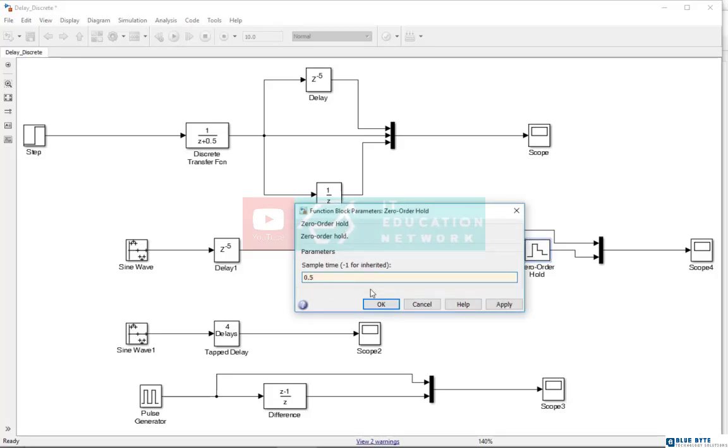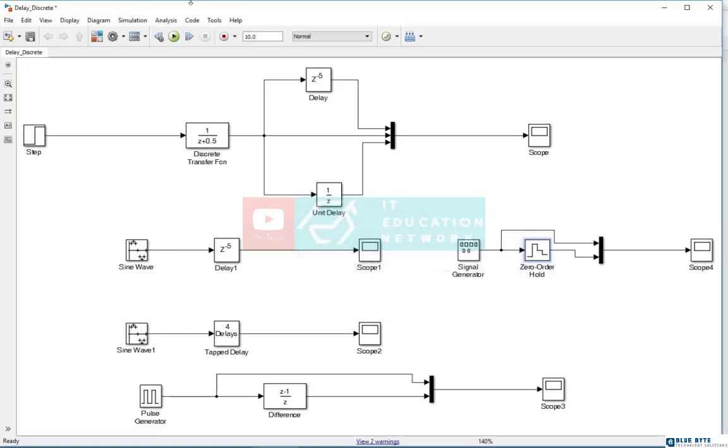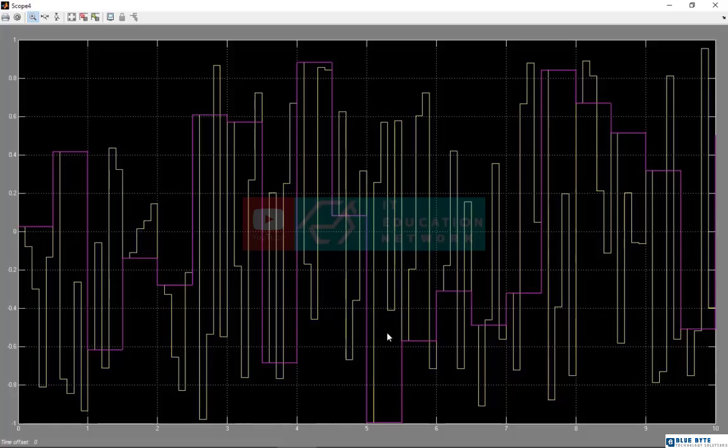Now, as you can see here, suppose that the input is 0.01. It is kept constant as much as the sample time, which was 0.5. Here, the system evaluates the input. The random signal that is yellow goes up for 0.44.